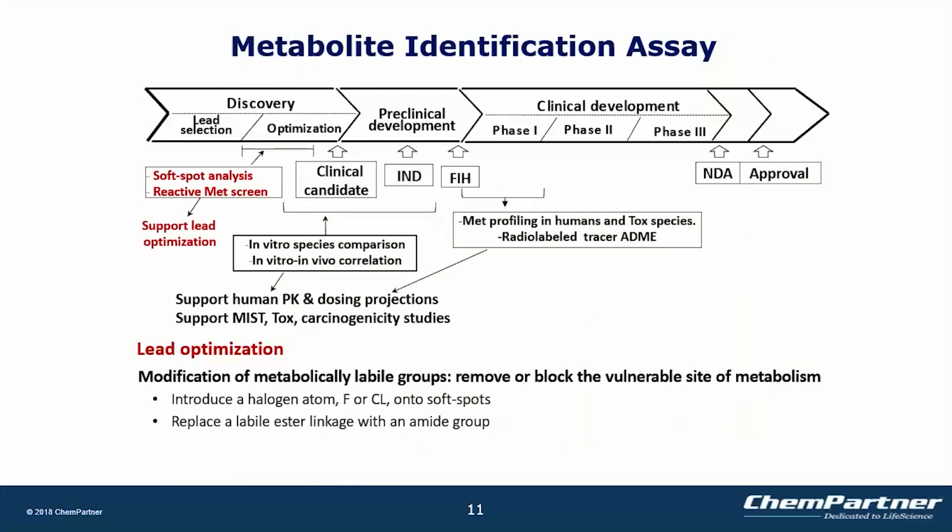The other assays we have are the metabolite ID assays. At different stages, discovery, preclinical, and clinical development, we focus more on early discovery, like soft spot analysis, reaction phenotyping, and metabolite ID screenings to support lead optimization.